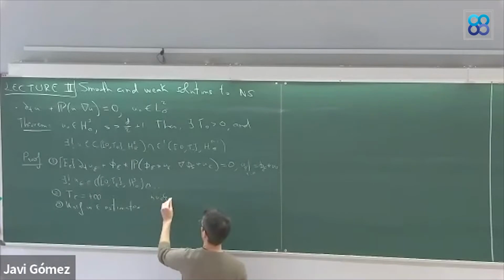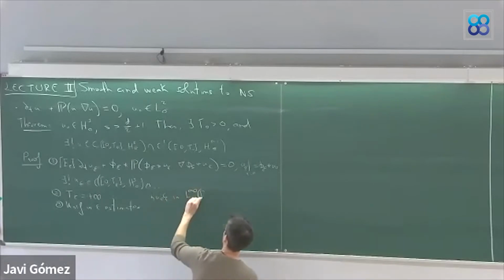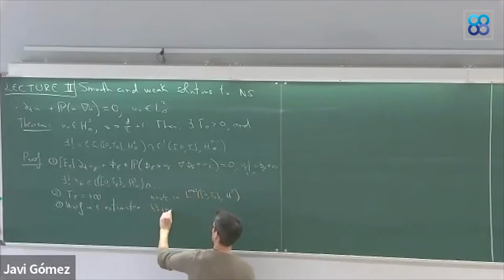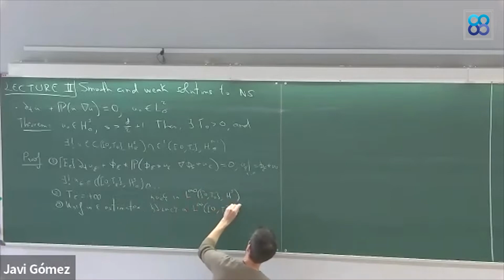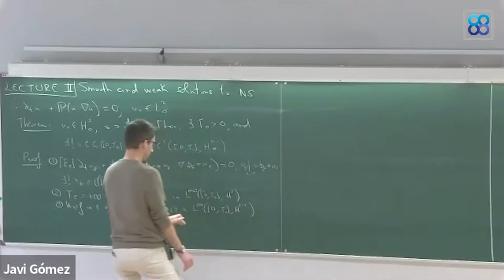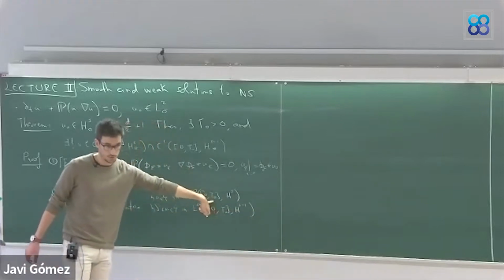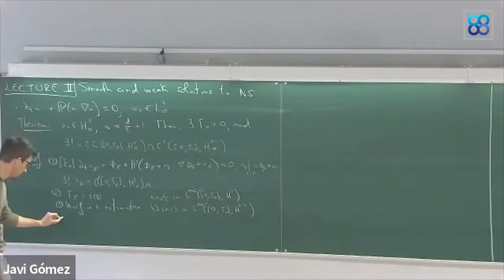In particular for u epsilon in L infinity in time, H^s and for the derivative, in one step. And now here the time was already uniform, doesn't depend on epsilon.